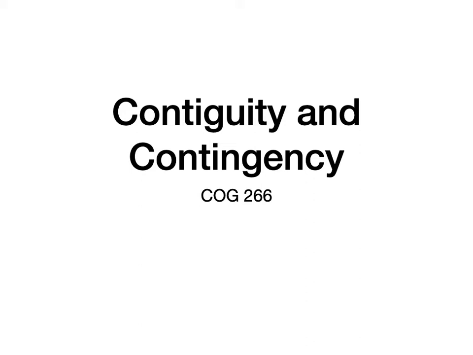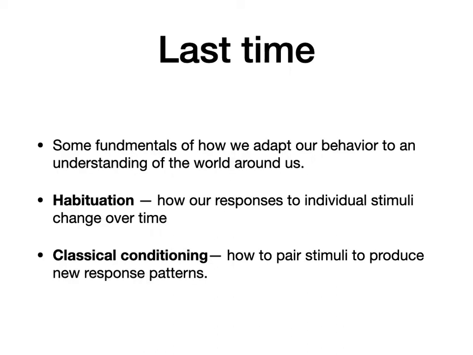Today we're going to talk more about some of these laws of association, contiguity and contingency. So, last time, we went into some fundamentals of how we adapt our behavior to an understanding of the world around us. Habituation is how our responses to individual stimuli change over time, and classical conditioning is how we pair stimuli to produce new response patterns, right?